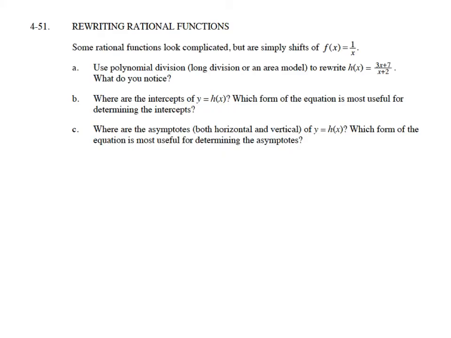So some rational functions look complicated but are simply shifts of f of x equaling 1 over x. In problem 51 here, we want to use polynomial division, which can be your long division or area model, to rewrite 3x plus 7 over x plus 2 into a transformed rational expression.